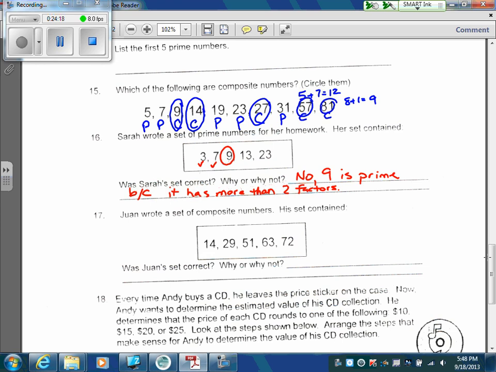Well, this is composite, but 29 is not. This is prime. The rest are composite. So again, no, 29 is prime because it only has a factor of 1 and itself.